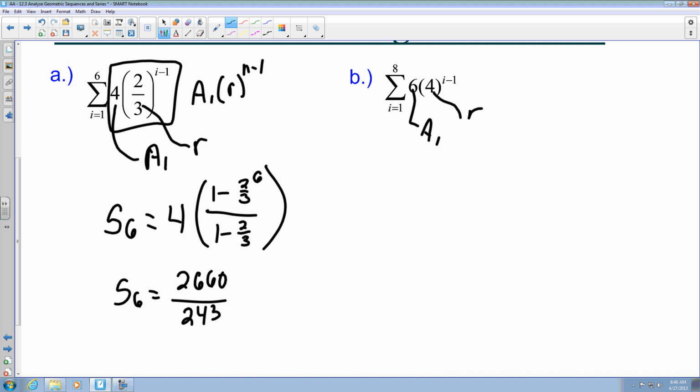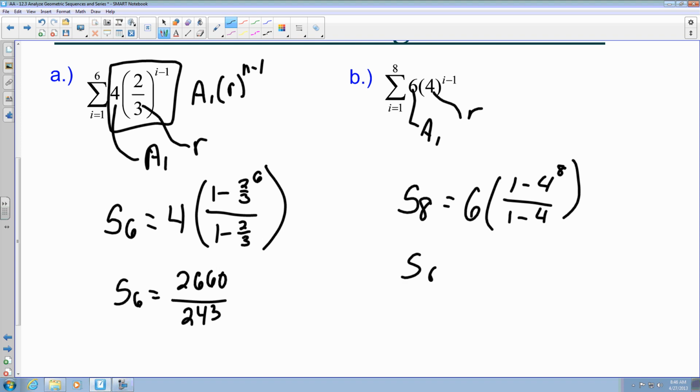And you get to do the same thing so I'll just write the general equation. So I got S of 8 for this case is going to equal a sub 1, which is 6, times 1 minus 4 to the 8th power divided by 1 minus 4.